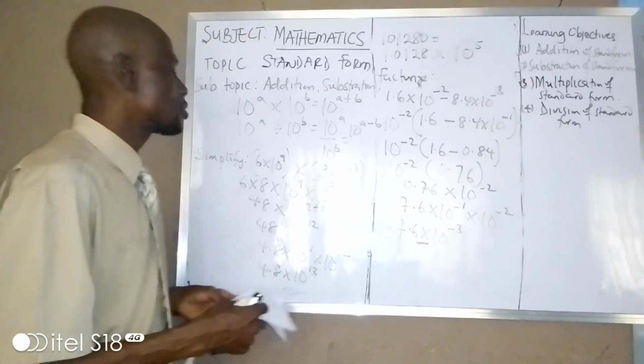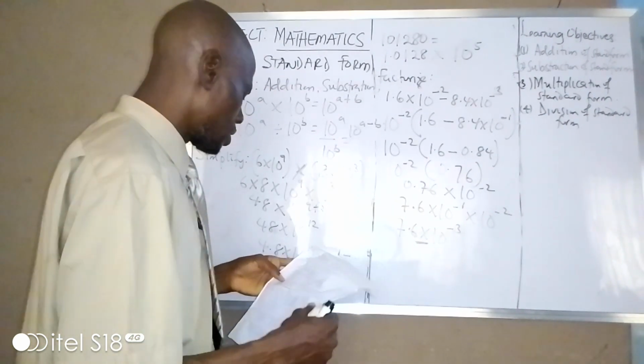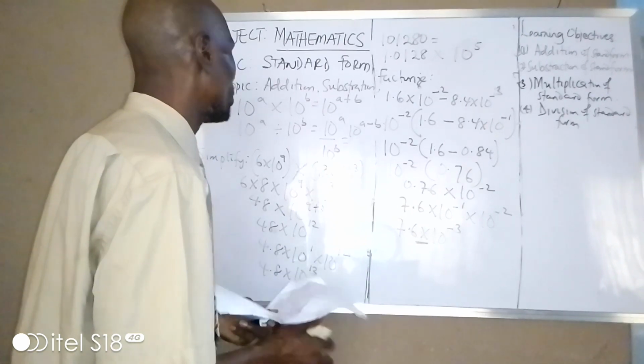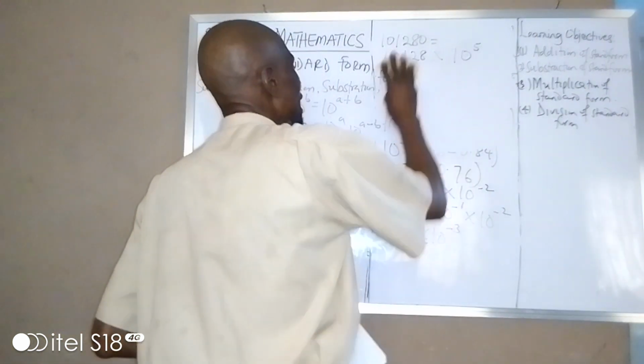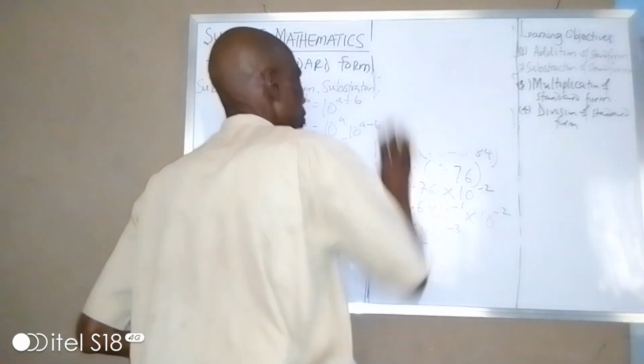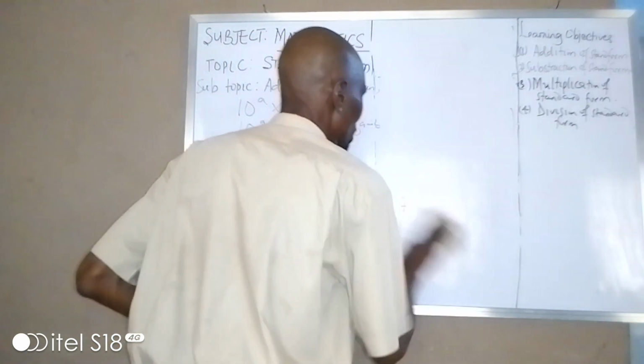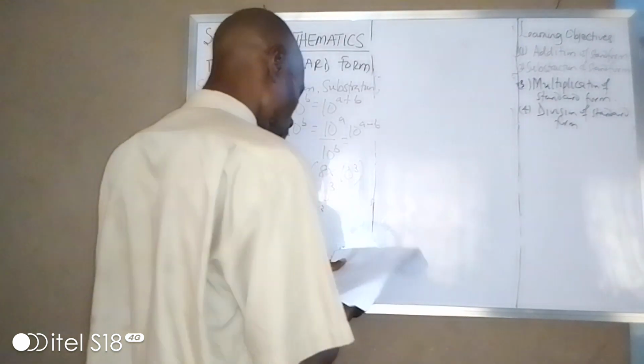Okay, now let us look at another one. That one is multiplication. Let us now look at division, the last one. How do we carry out division of standard form? An example question.